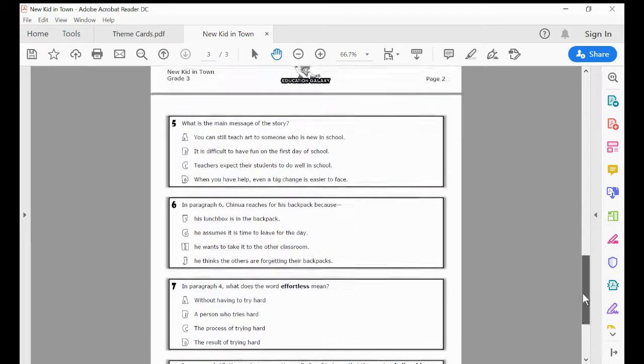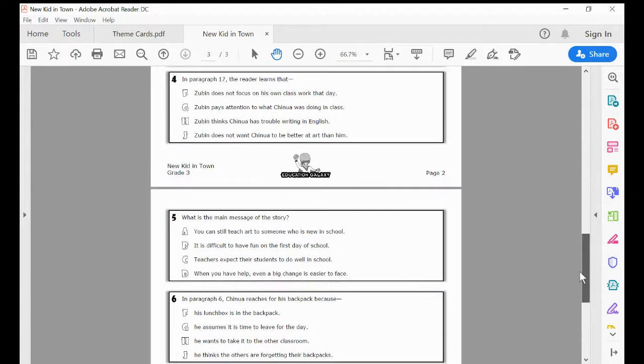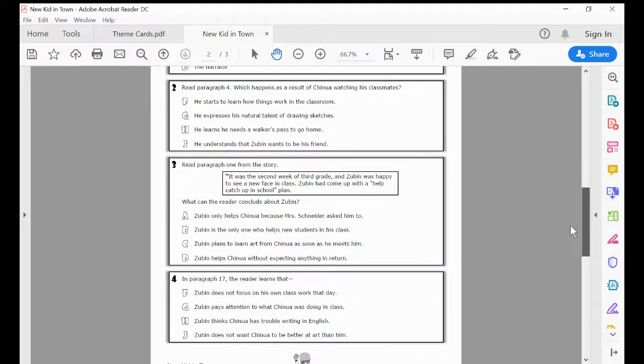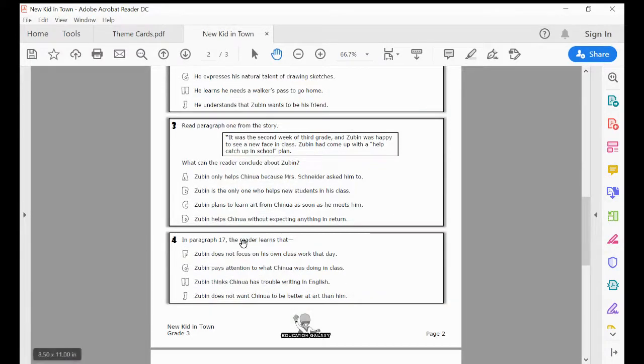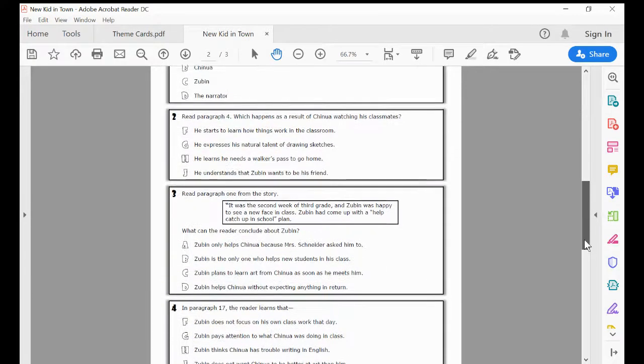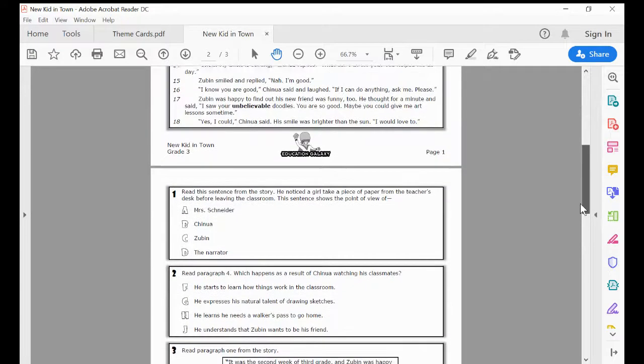And again, going through these, we talked a lot about them. The main message, think about how did Zubin help Chinua. Paragraph 17, make sure you go back there and see what happens in that paragraph. I think everything else we pretty much talked about.